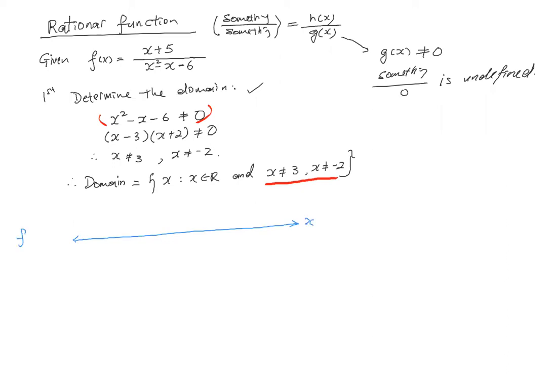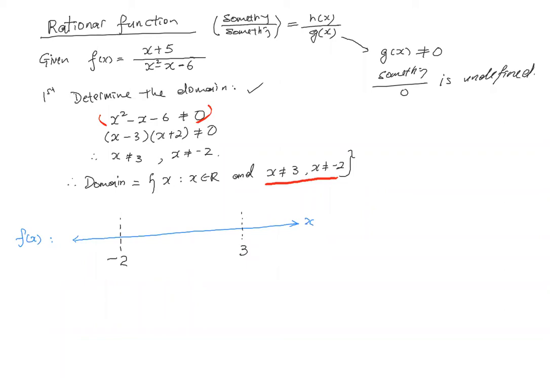This is going to be the sign diagram for f(x). That is the first step I do. Second step, I mark the values. Now I know x cannot be 3 and -2, so straight away I mark with a dotted line at 3 and a dotted line at -2. Clear enough?